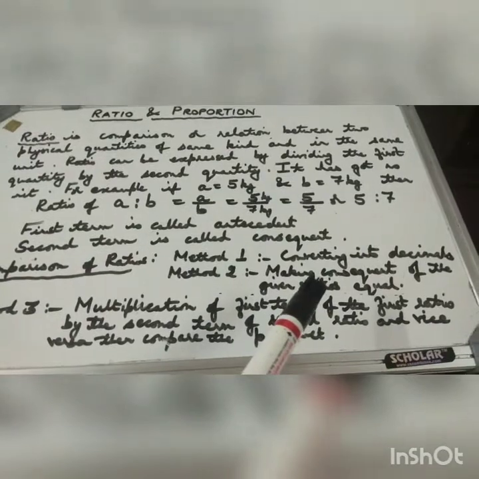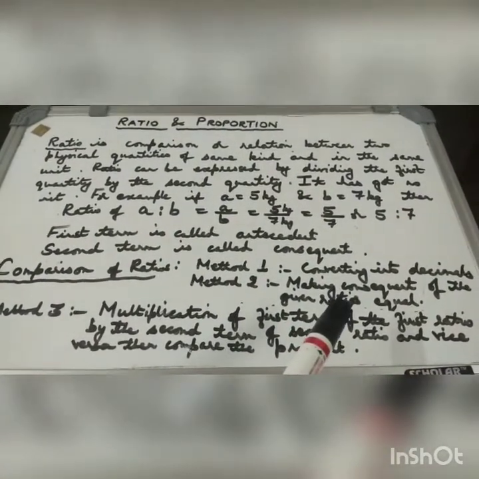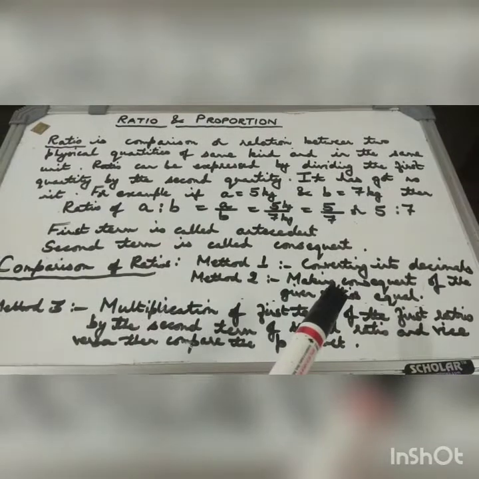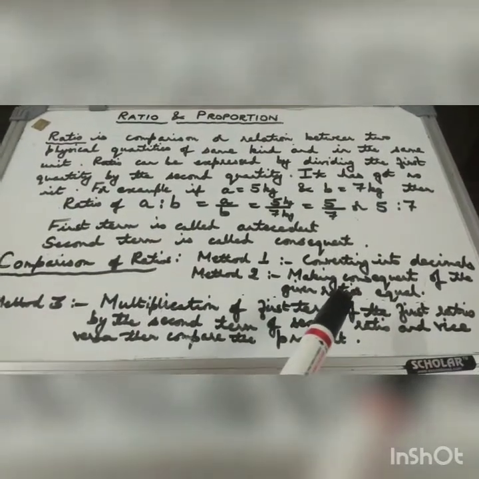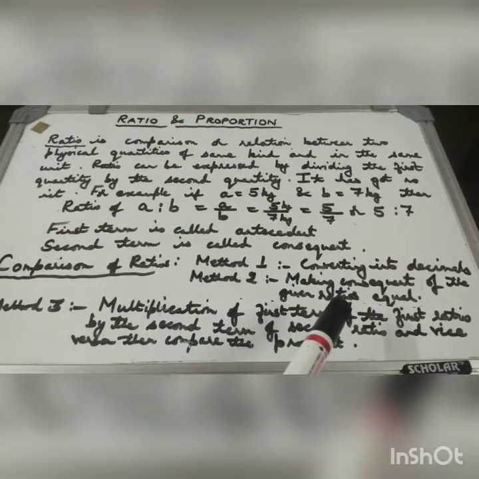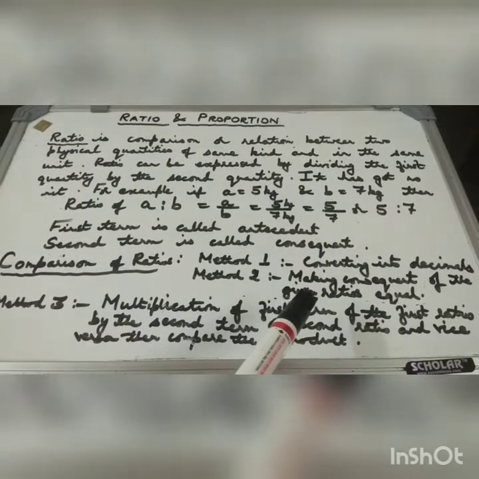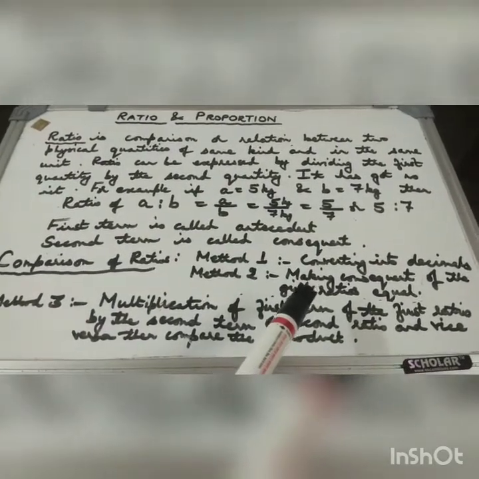Now, in fact, if you remember, when we were doing fractions, we were told to make the denominator same. And when we make the denominator same, we are actually trying to compare numerators by making denominators equal. Same is the case here.